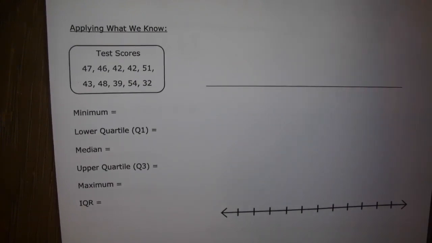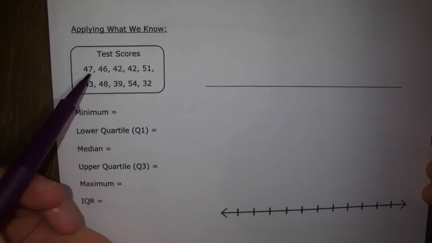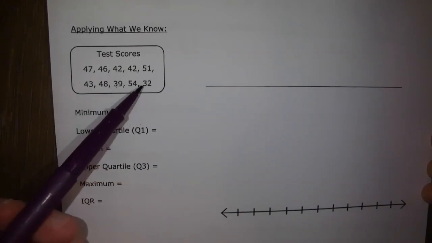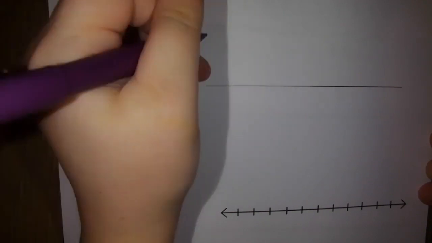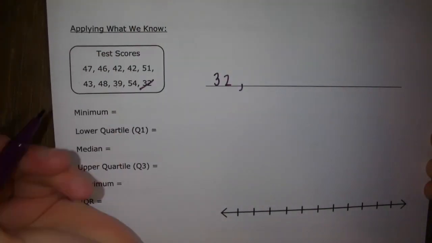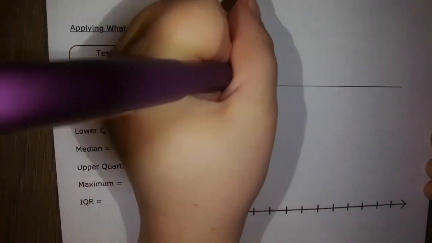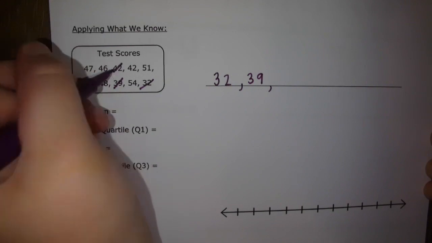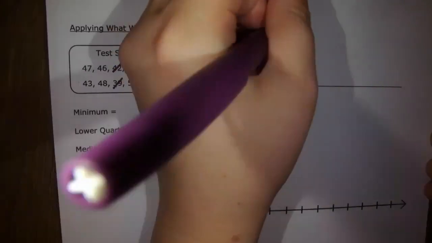And we know when we look at a set of data, we need to organize this from least to greatest right off the bat. So looking at these numbers, I see low 40s, great, oh, but I see 2 30 numbers. So 32 looks like the lowest, so I'm gonna write that out on my line. Then it's gonna go into 39. Then it looks like 42. Oh, 2 42s.